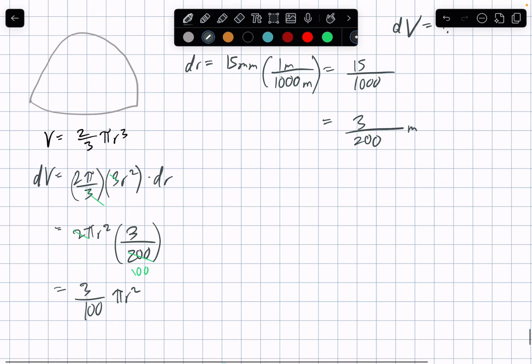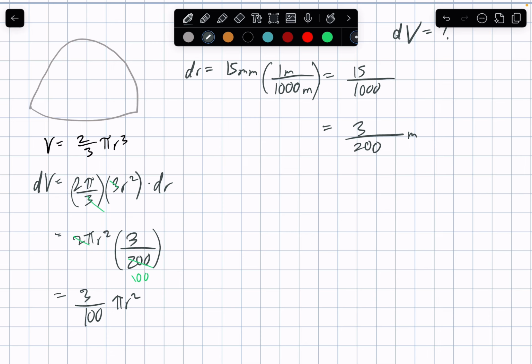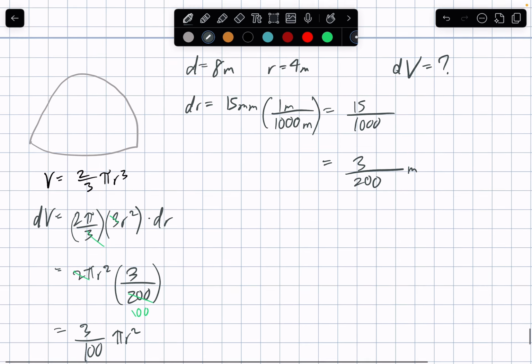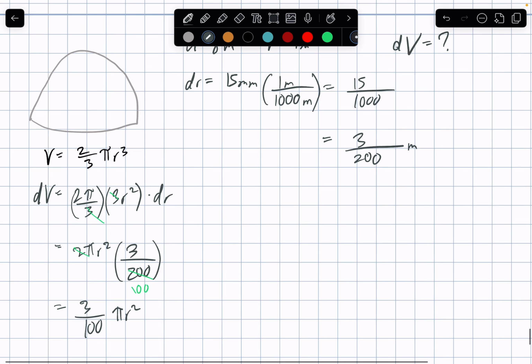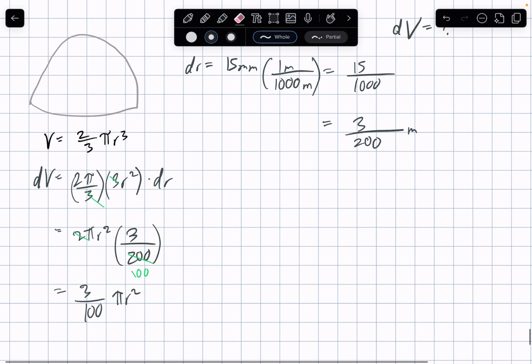Are we on the right path, chat? Radius is 4, right? Where is our radius? 4. 16.